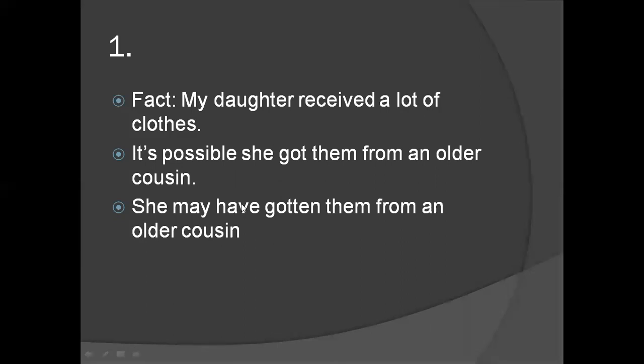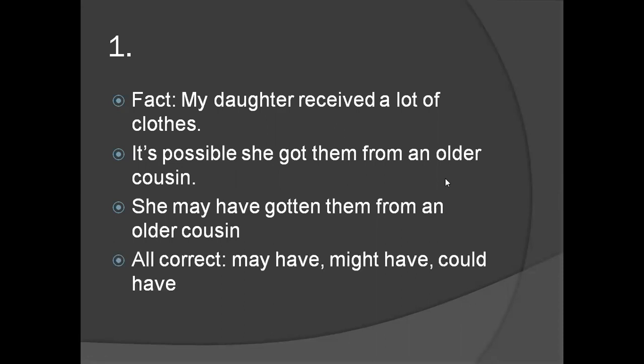The meaning is the same, but in the first sentence I made a guess without using a modal verb. May have, not very sure. All are correct: may have, might have, could have. She could have gotten them from an older cousin. She might have gotten them from an older cousin.